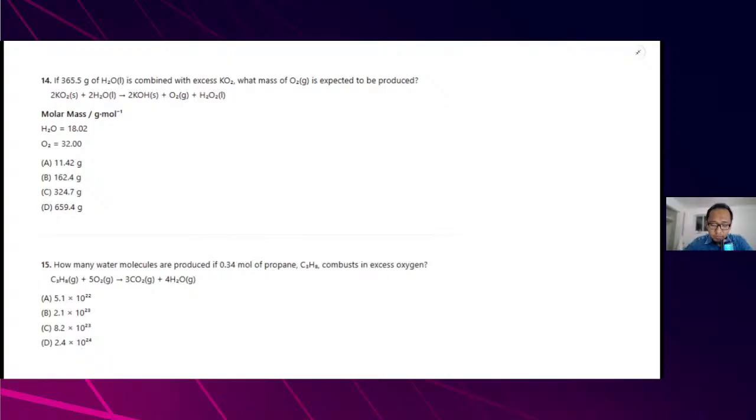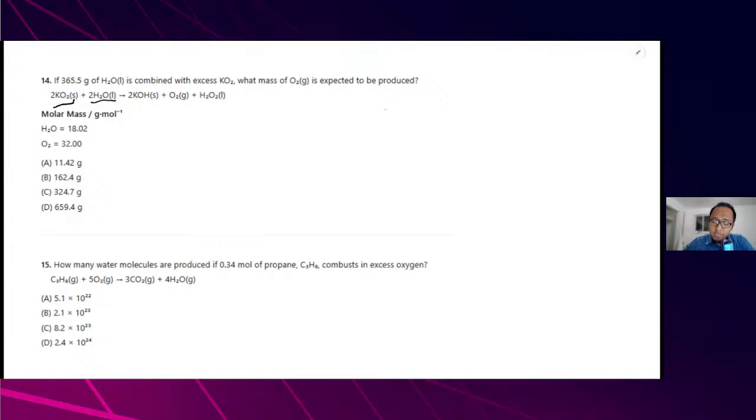KO2 is in excess, so H2O will be the limiting reactant. Now we need to take a look at it.